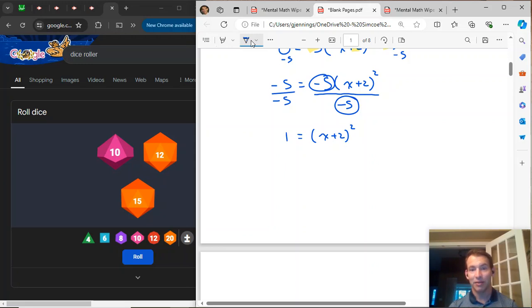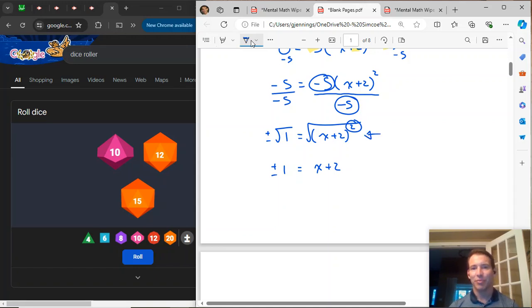So that will be the square root of 1 is equal to the square root of that. But then we have to remember, well, that could be plus or minus. So we have plus or minus 1 is equal to x plus 2 because we've taken the square root of a square, so that's gone. That's our inverse operation for removing the square.